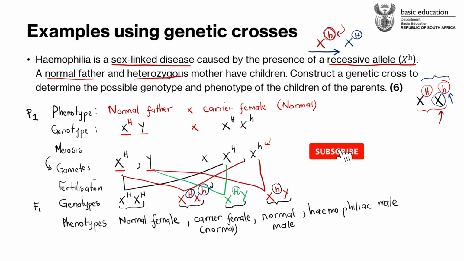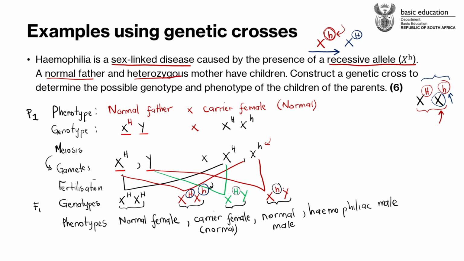Now let me explain further about the carrier. A carrier can only be a female, because females have two X chromosomes. So it is possible for one X chromosome to carry the recessive allele that causes the condition, and the other X chromosome to be normal. That's why we say a female is a carrier.